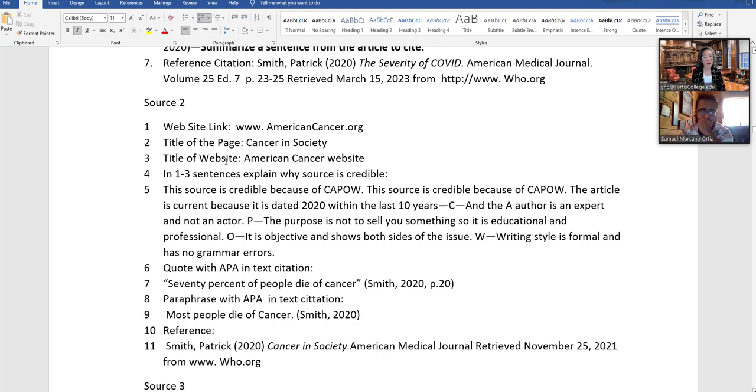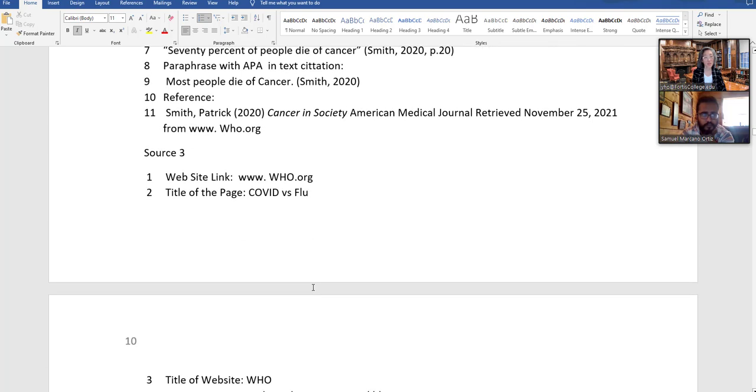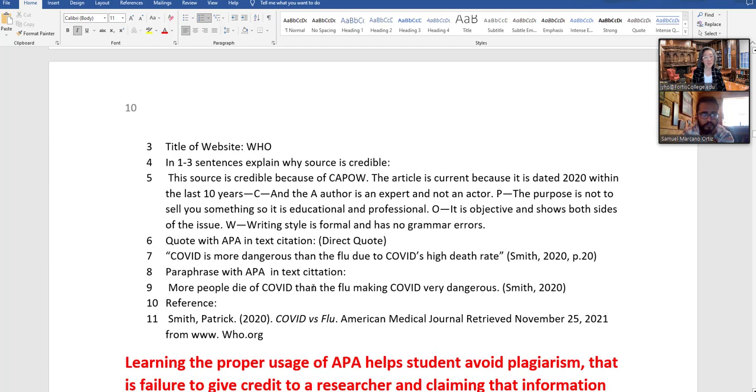So anyway, title of the page, title of website, in 1 to 3 sentences explain why the source is credible. Then you have your direct quote with your quotation marks, then you have your paraphrase without the quotation marks, and then you just have your author and the date, and then the reference citation. And then source number 3 does the same thing.